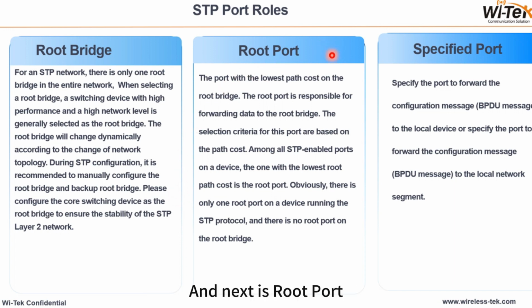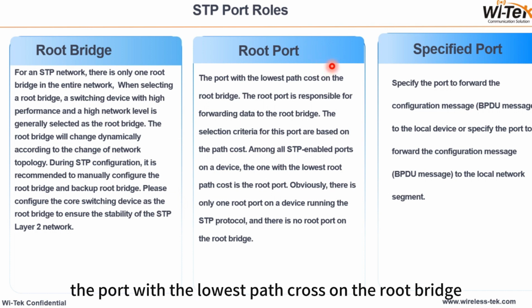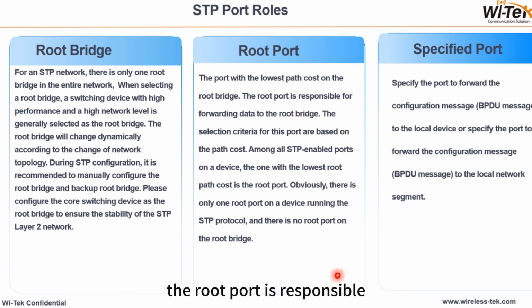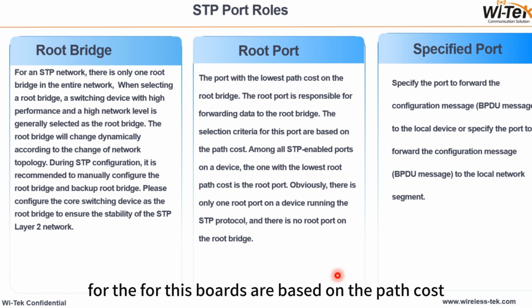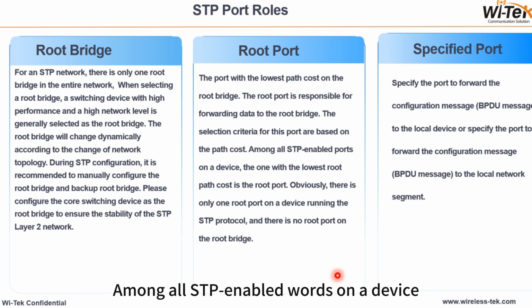And next is the root port. It is the port with the lowest path cost to the root bridge. The root port is responsible for forwarding data to the root bridge. The selection criterion is the path cost among all STP-enabled ports on a device.